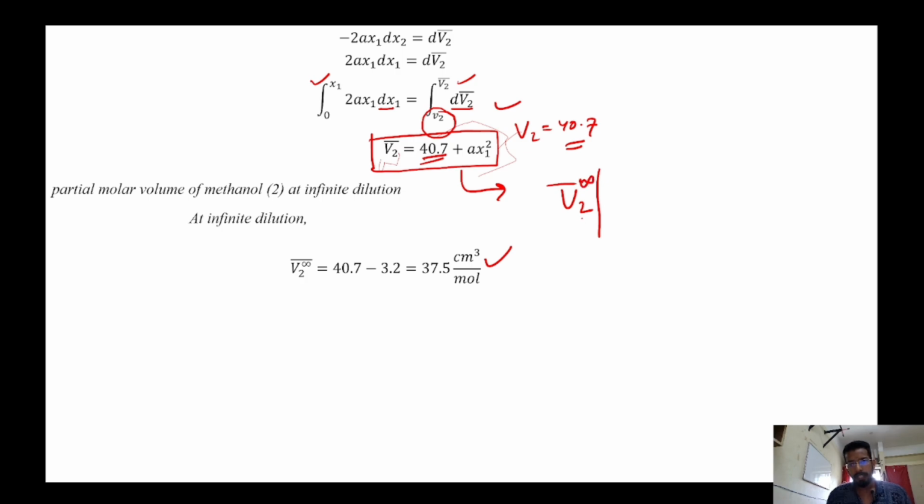If I want to calculate the partial molar volume of component 2 at infinite dilution, that means x2 will become 0 because we have diluted it infinitely. So it becomes 0 and x1 is equal to 1. Same concept I applied here. So x2 is not there, so x1 will become 1. So 40.7 plus A, and A is minus 3.2. So you'll get this. So this is the complete solution.